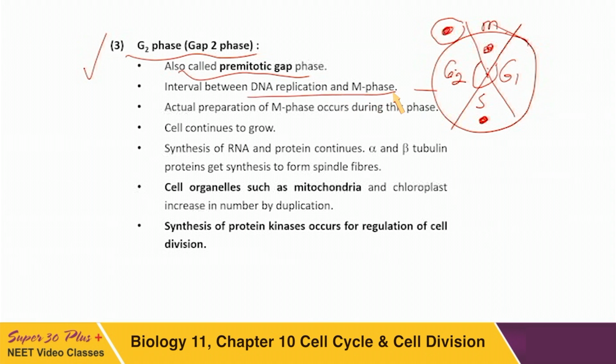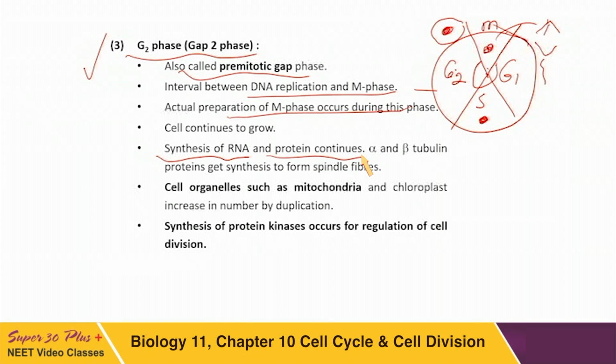Is it clear? The actual preparation for M phase will occur here, because M phase is a dramatic phase, with many more changes, and these changes are prepared in G2 phase. Synthesis of RNA and protein will continue here, because in M phase the chromosomes go to the opposite poles with the help of spindle fibers.